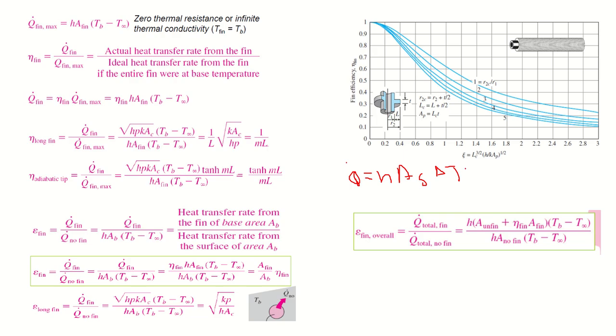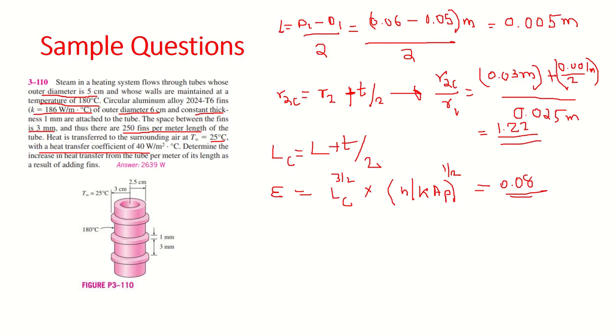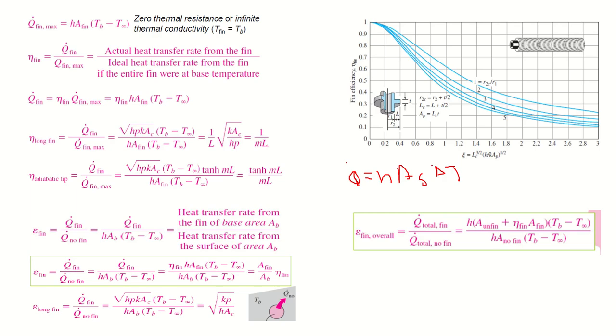Okay, so I have now effectiveness, which is 0.08, and the R2C over R1, which is 1.5, so around here. So I can find the efficiency easily now. The efficiency of the fin we found to be 0.97 from the graph.